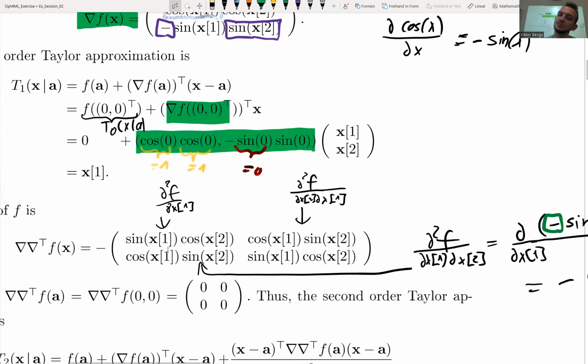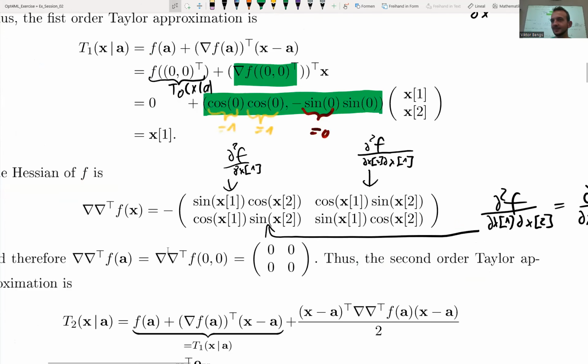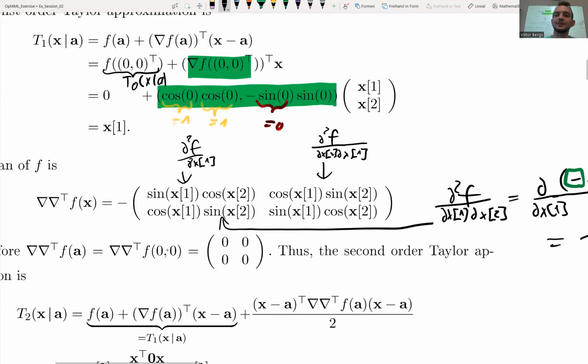So the Hessian matrix will be symmetric because all the functions we look at in our computations are infinitely often continuously differentiable. So the Hessian matrix needs to be symmetric. But this is one way to have a sanity check, of course. All right, good.